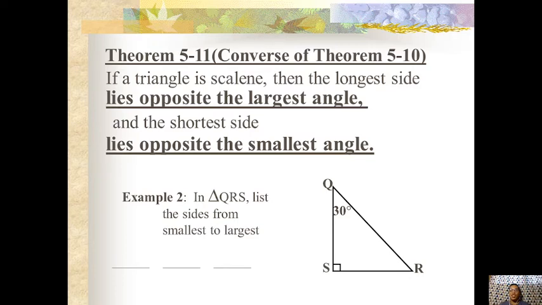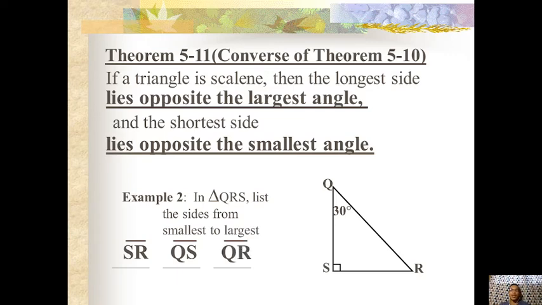The smallest angle here is angle Q, right? So what is the opposite of angle Q? It is side SR. Next is 60 degrees. What is the opposite side of angle R, which is 60 degrees? Yes, side SQ, or QS. And lastly, the largest angle, which is 90 degrees, has the opposite side QR.